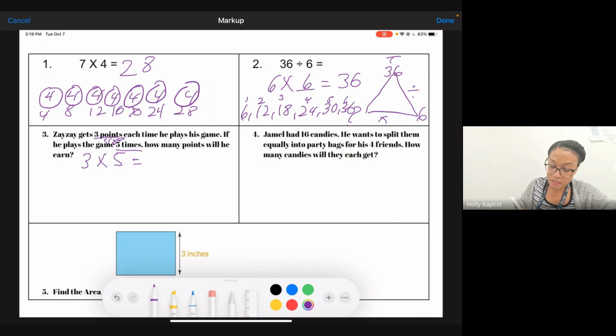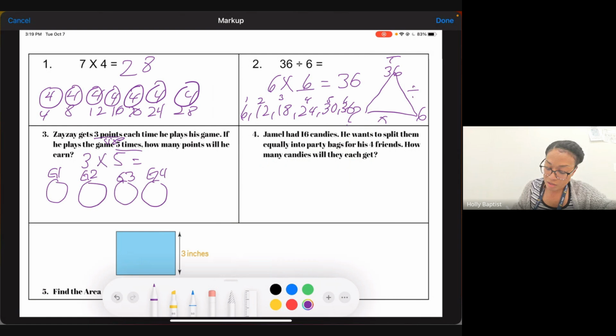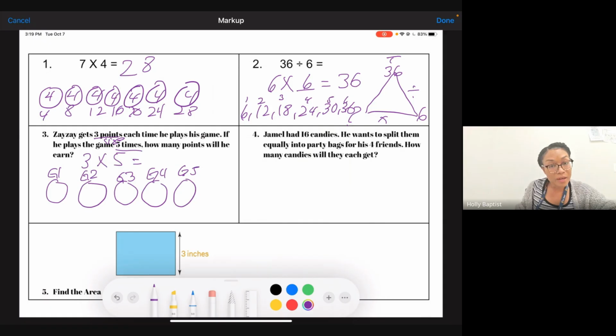To represent this, I can have my 5 groups. So group 1, group 2, group 3, group 4, and group 5. And I'm going to skip count by 3s 5 times. So I'm going to put 3 points because that's how many points he earned for each game he played. And now right below, I'm going to skip count by 3s and label my work.